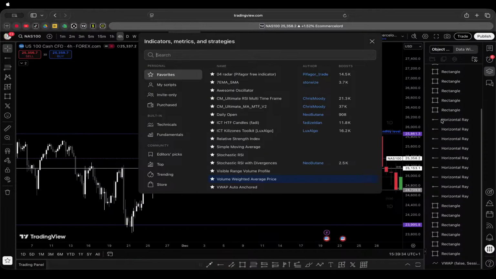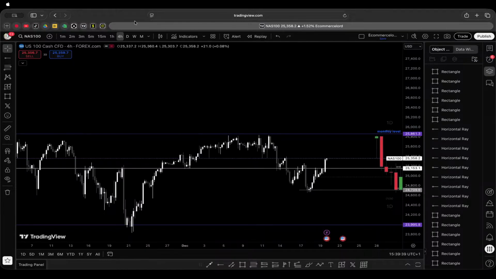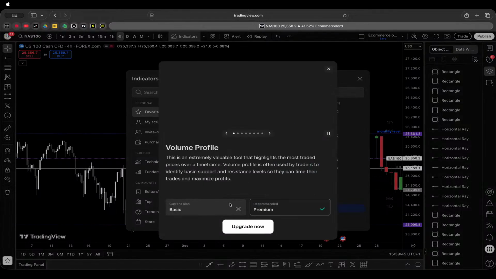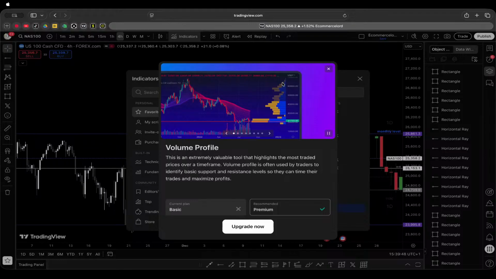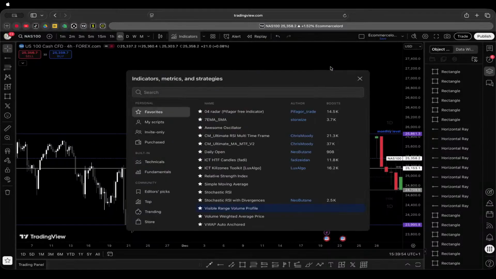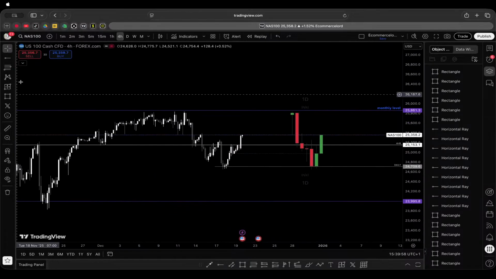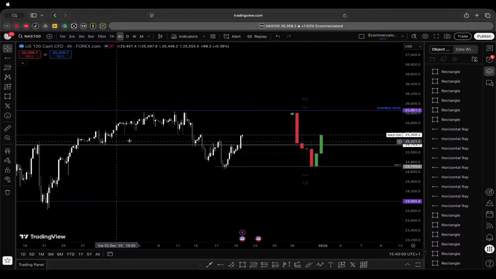Now view up, remove that, reduce volume. This is the visible range. Basically, this is how the visible range indicator looks. This thing that is popping out here, you select a particular range, and it's going to show you the volume traded in that particular range.